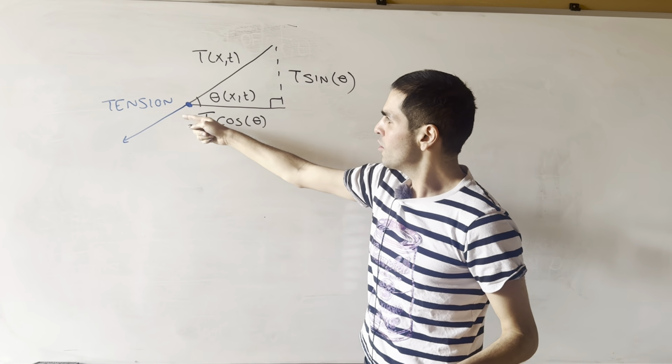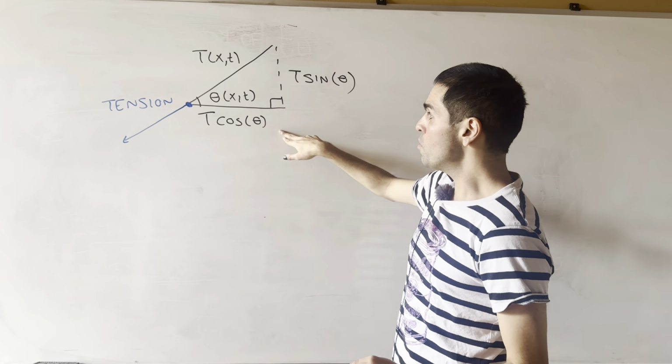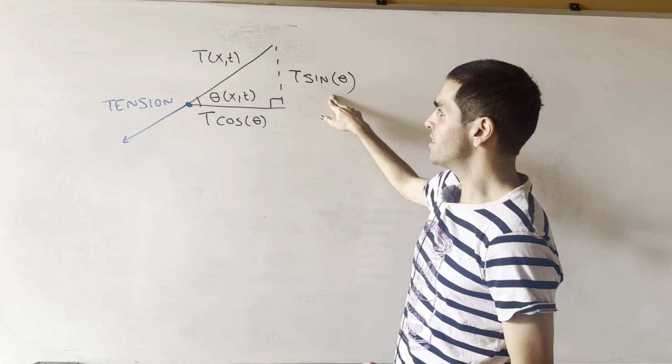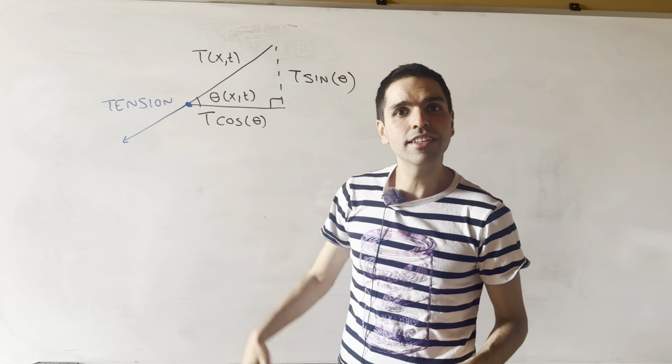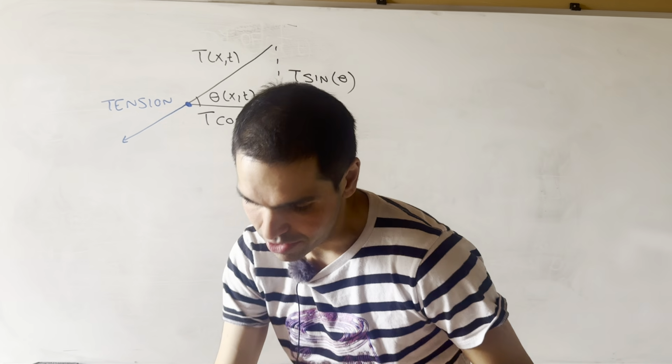And in particular, what is the tension? It has components T cosine, T sine, but in the other direction. So we have this minus sign coming up as well.